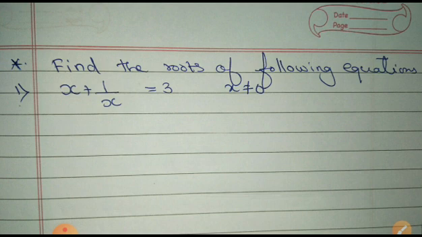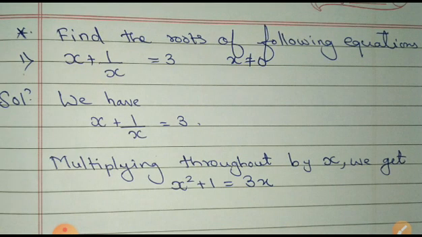We have to make it to the standard form. Now see, I have x in the denominator, and I don't need that. So throughout, multiply by x. I will get x into x as x square, x by x, the x will get cancelled, and 3 into x you will get as 3x.